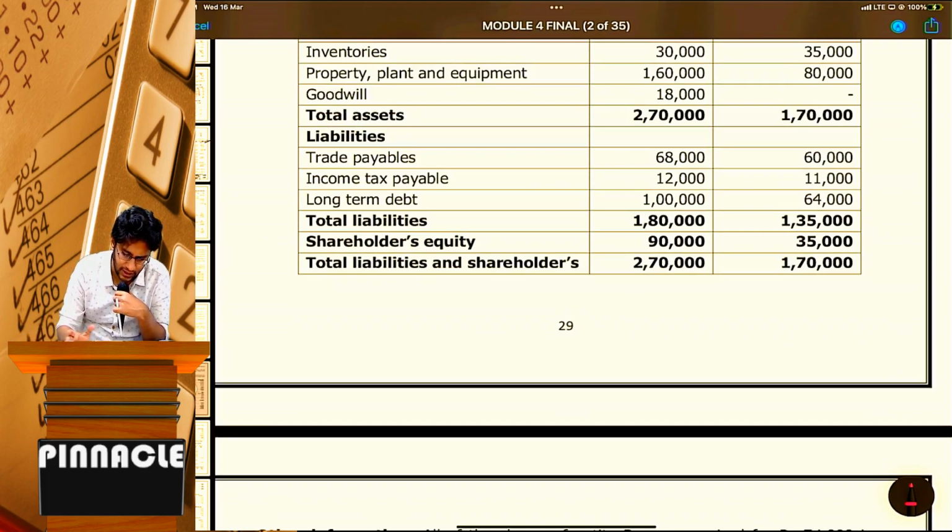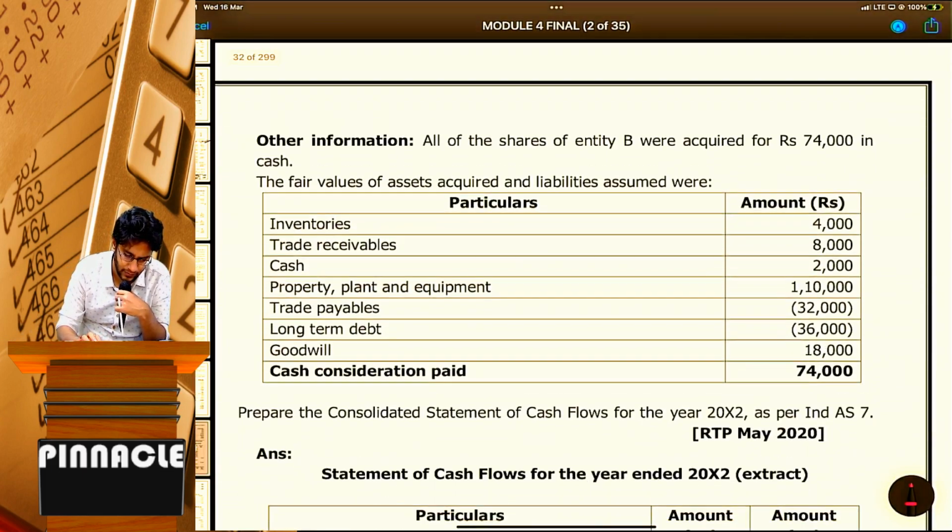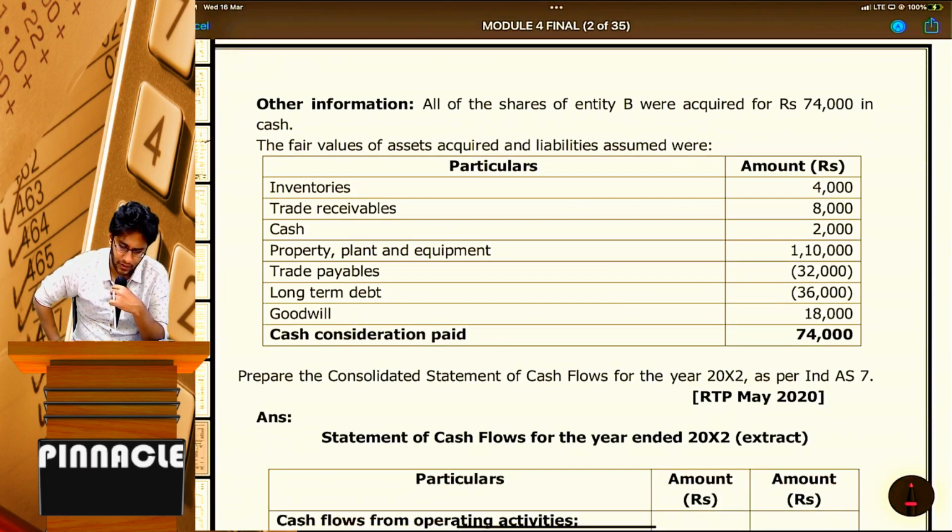Share capital last year was 35, this year became 90. Other information: all the shares of entity B were acquired for rupees 74,000 in cash. So you paid cash completely and purchased 100% shares of entity B.